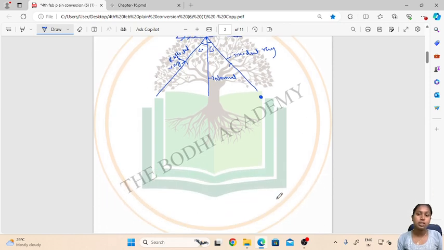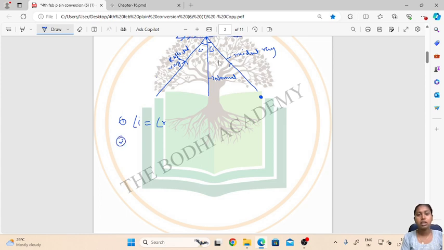Then we have seen the law of reflection. The law of reflection says the angle of incidence is always equal to the angle of reflection. This is one law.